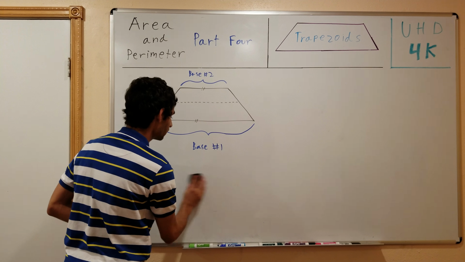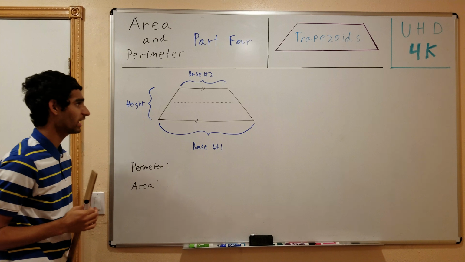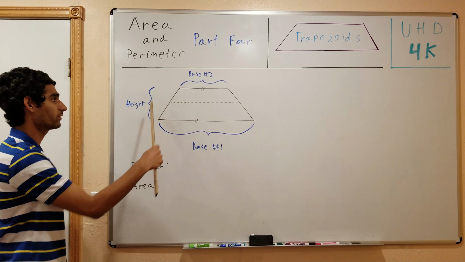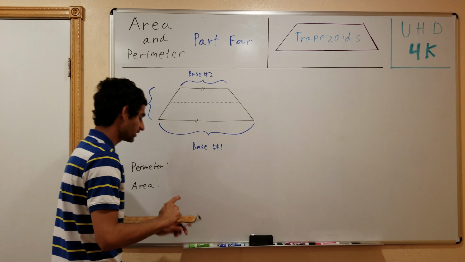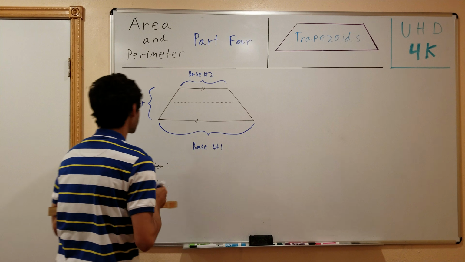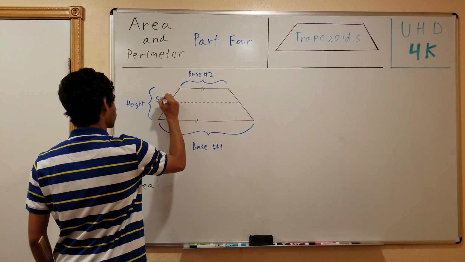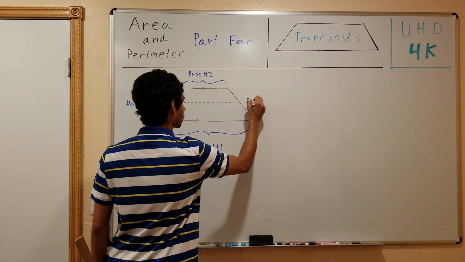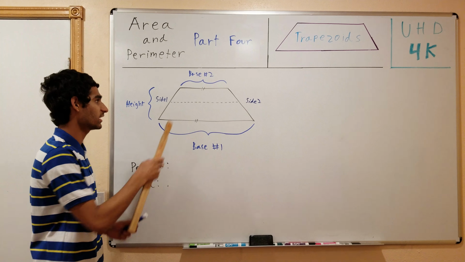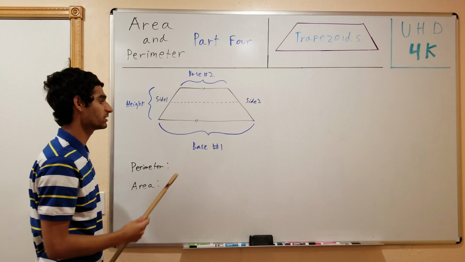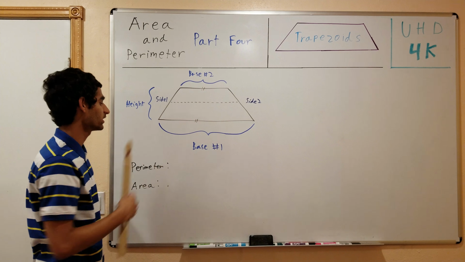So to find the perimeter of a trapezoid, you simply have to add up all four of these sides. So let me label these two sides really quick. So we call the parallel sides the bases of the trapezoid, and the other two we simply call sides.